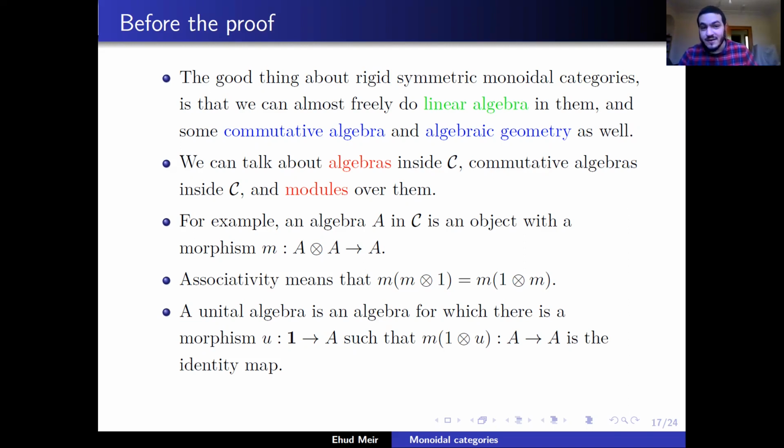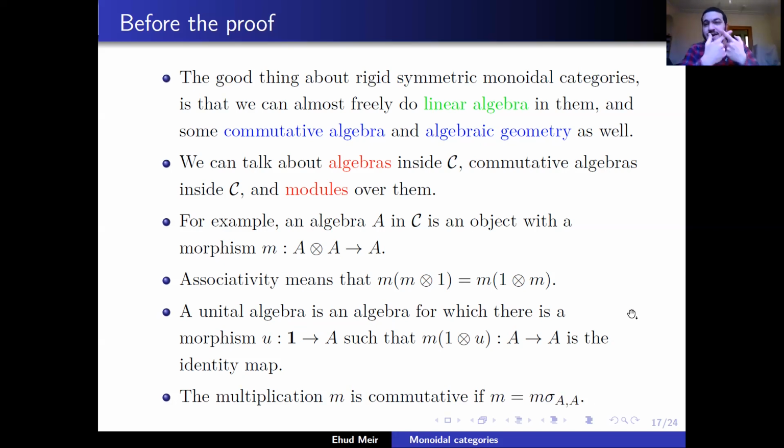Instead of linear maps, we say we have morphisms, and the axioms basically boil down to some compositions of morphisms being equal to some other compositions. The multiplication M is commutative if M is equal to M times sigma_AA, where sigma_AA is just swapping the two entries of A.